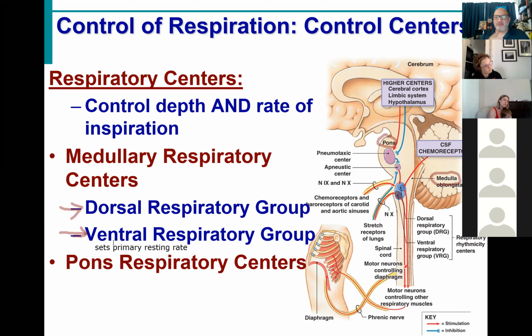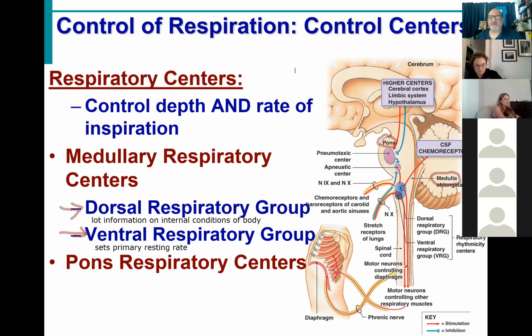So one of the things that happens here in our dorsal respiratory group is that all of the areas receive a lot of information, but here in particular we receive a lot of information on the internal conditions of the body. What are the oxygen levels? What are the carbon dioxide levels? What is the pH in the blood? All of that type of stuff.